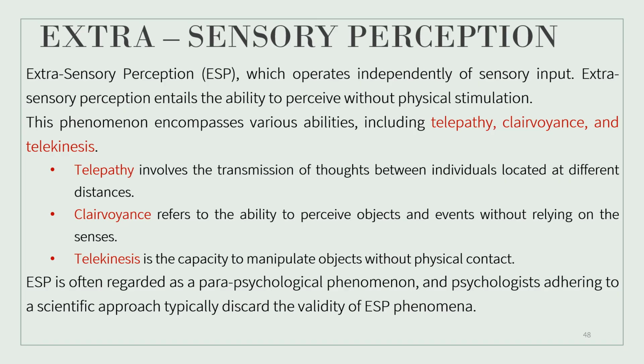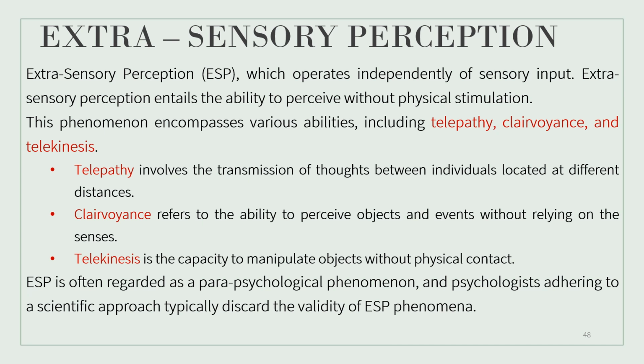Now coming to extrasensory perception, which operates independently of sensory input. So there is no role of sensory input. Extrasensory perception entails the ability to perceive without physical stimulation, for example in the case of telepathy, clairvoyance and telekinesis. What is telepathy?